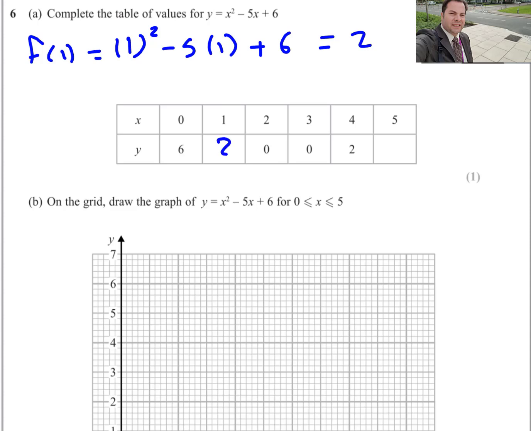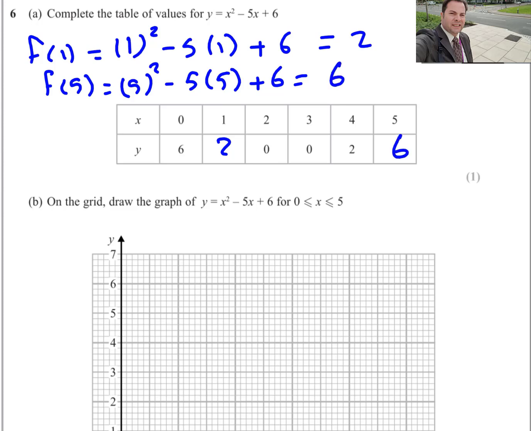By the same way, for 5, you have to get f of 5: 5 squared minus 5 times 5 plus 6 is equal to 6. Because this is a quadratic equation, we have symmetry. Look at the first points, 6, 6, 2, 2, 0, 0, so you can complete it directly.